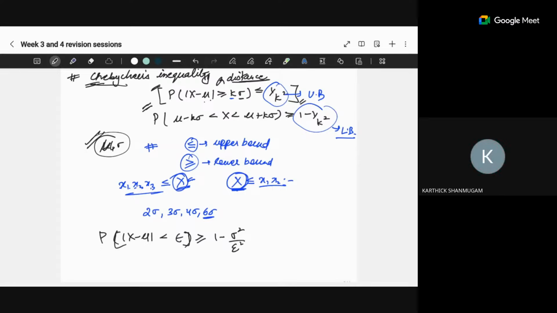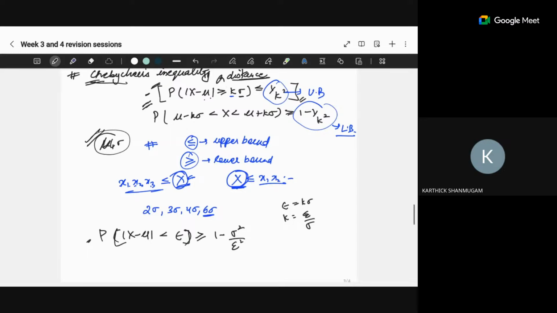If you just compare this equation and this equation, my epsilon is equal to k sigma. Now epsilon is k sigma, so what is my k here? Epsilon by sigma, right? If you are taking this form, it will be 1 minus 1 upon k square. So in place of k, I am putting epsilon upon sigma. So this will be 1 minus 1 upon epsilon by sigma whole square.